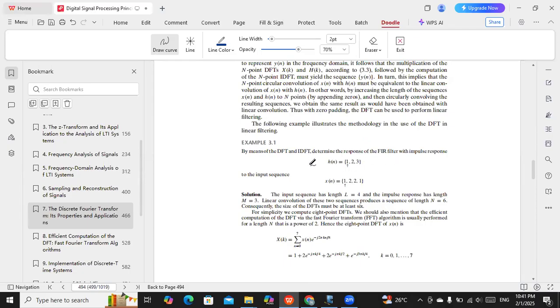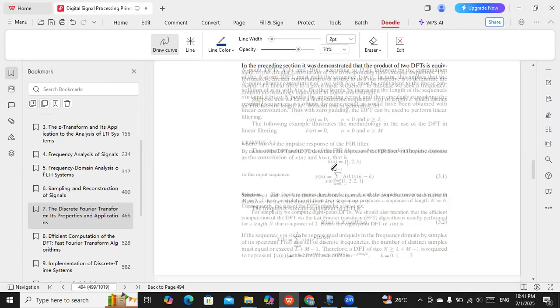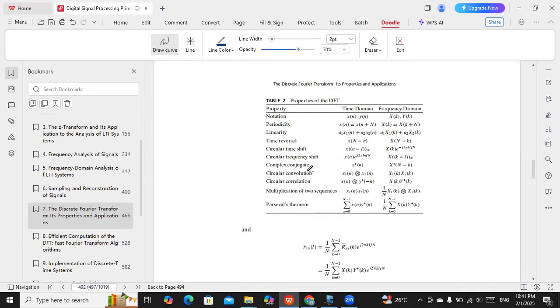Actually, here you need to apply the convolution property, maybe. Related to the DFT, the convolution property is also there, so you can see this one, circular convolution.